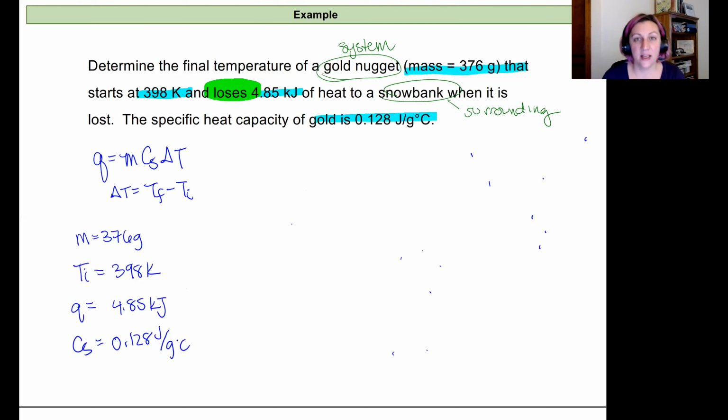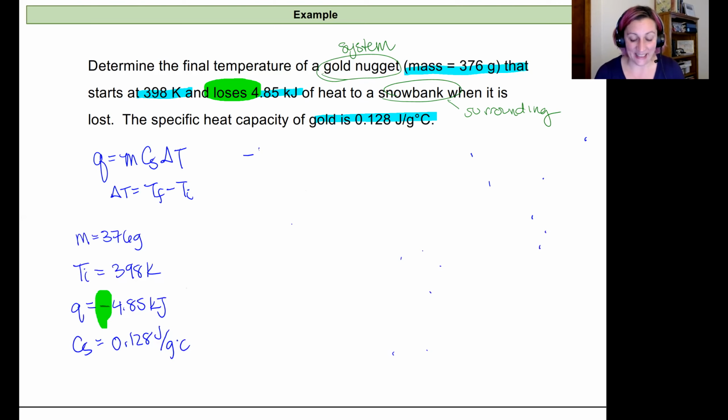And because the gold nugget loses the energy, it's going to be a negative value for our heat, and that's key. So the losing of the energy corresponds to that negative value in front of our Q. And that becomes important when we plug in our values to our equation. So to plug in, I'm going to first put in my heat.